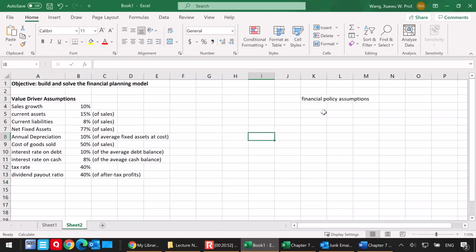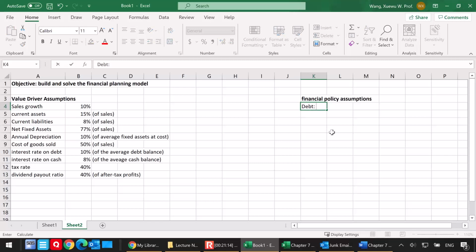And then let me just discuss the financial policy assumption for a second. Here we're going to talk about how the firm is going to deal with the debt, the equity, and so on. Let's make some simplifying assumptions so that we can focus on the methodology part of this model.